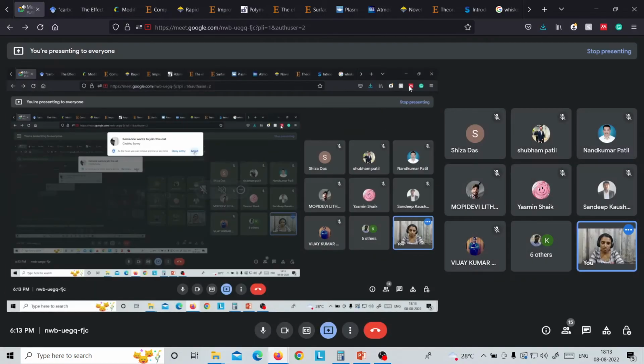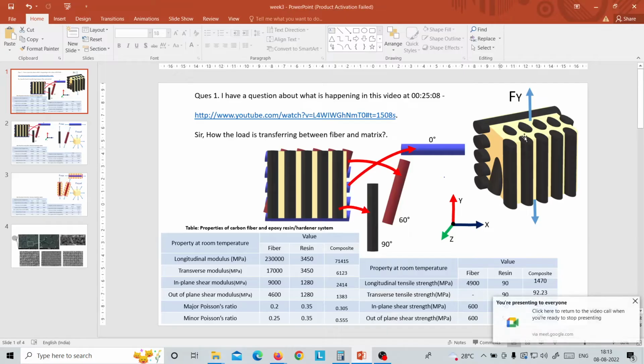Due to this difference, the matrix is very important when manufacturing composites. As fibers bear most of the load only along this direction, we need matrices so that forces in other directions can be transferred to layers at different angles. This particular fiber will have sin theta and cos theta components.